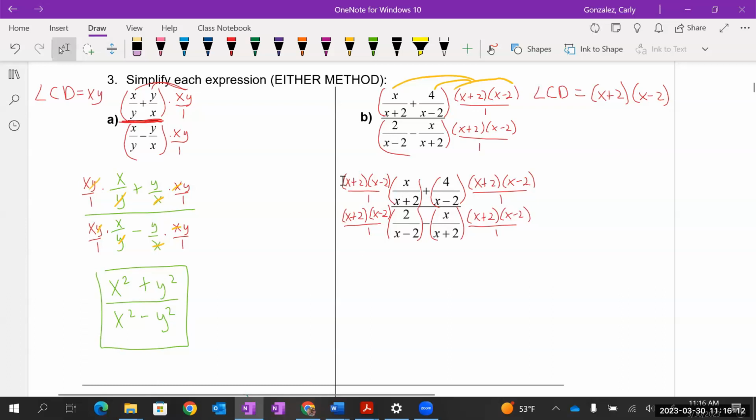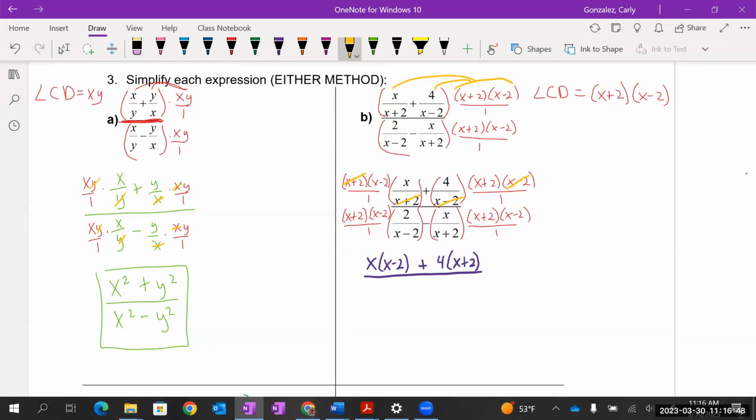Look at the x plus 2 on the top left: that x plus 2 in the numerator and denominator will cancel, and we're just left with an x times an x minus 2. On the top right, the x minus 2's cancel, and we're just left with the 4 times x plus 2.